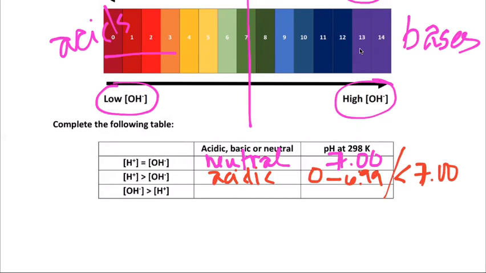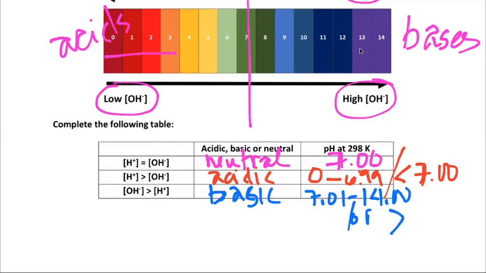And then the last one, by default, because it has more hydroxide than it does hydrogen, that's going to be basic. And this would be 7.01 to 14, or you could just say greater than 7. Okay.